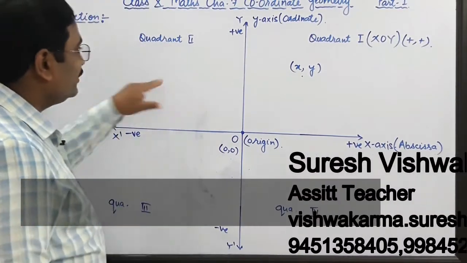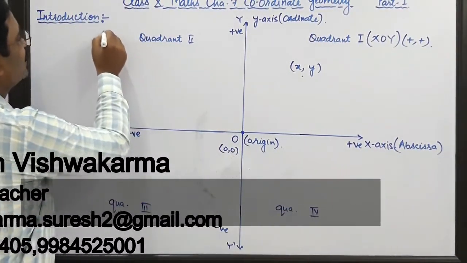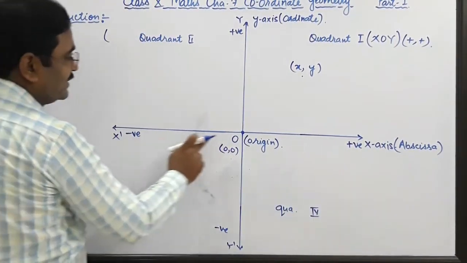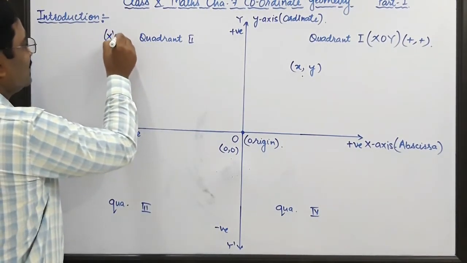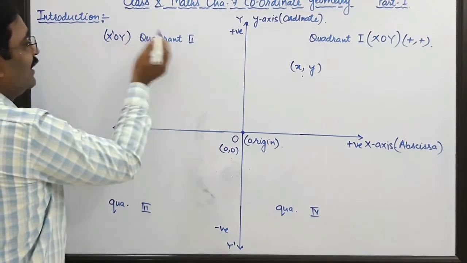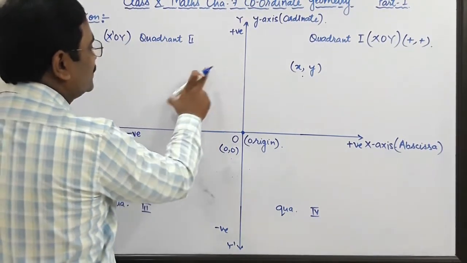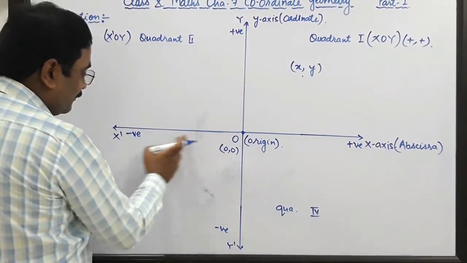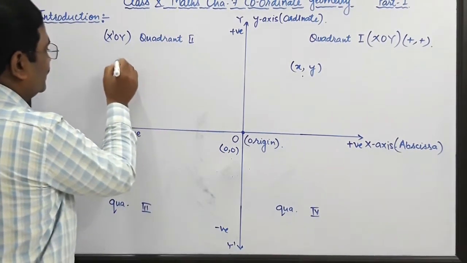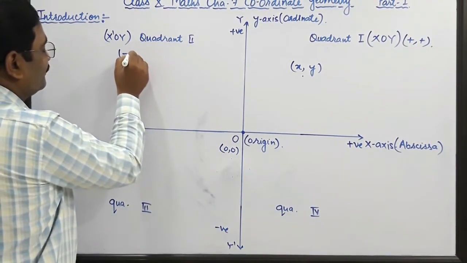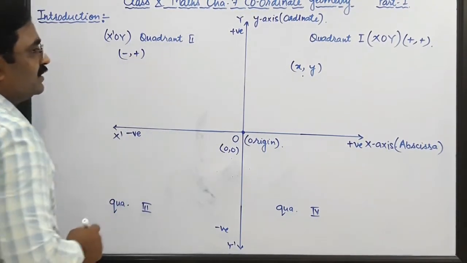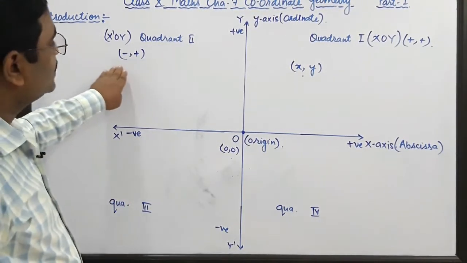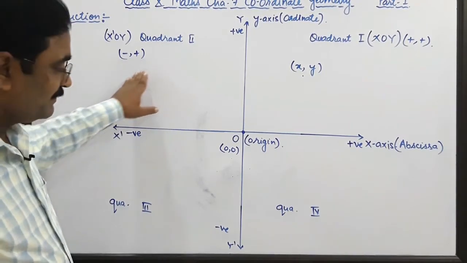Similarly, the second quadrant is called the plane X dash OY, and in it the x-axis is negative and the y-axis is positive. So the sign of the second quadrant is minus plus.